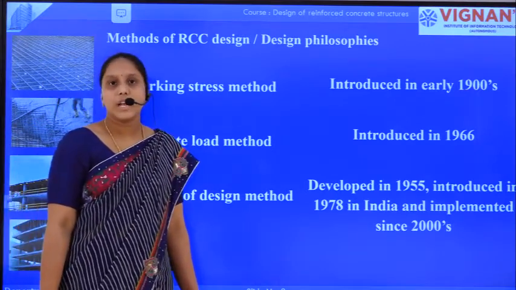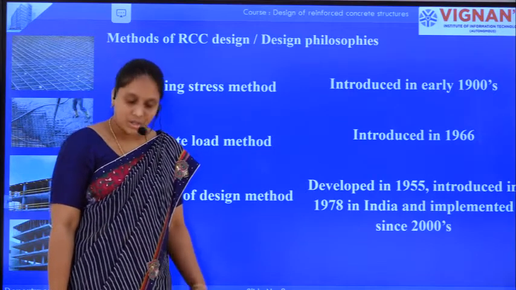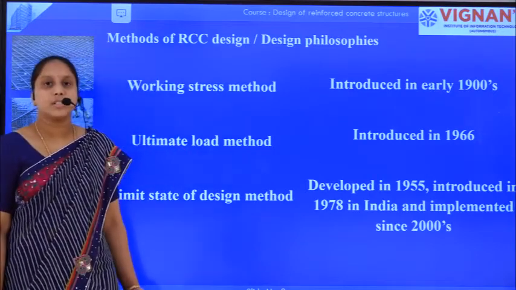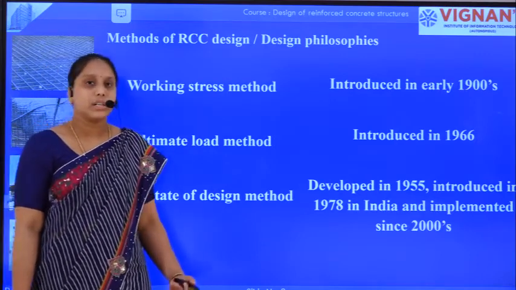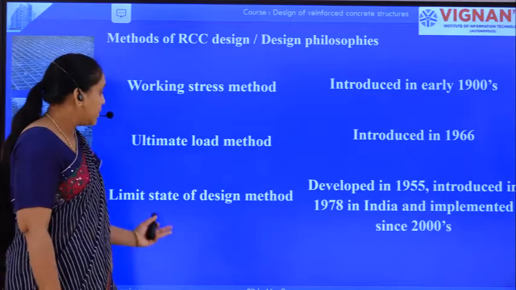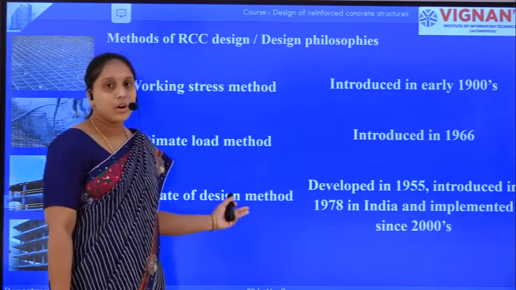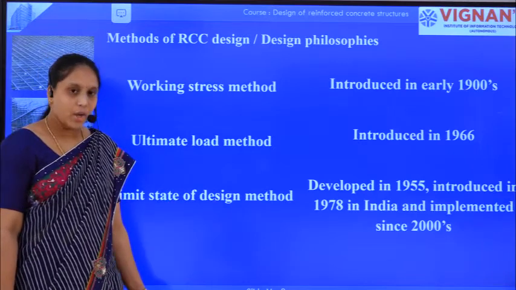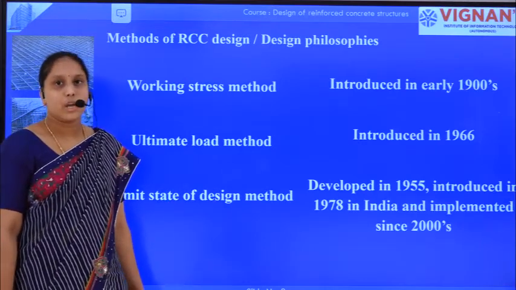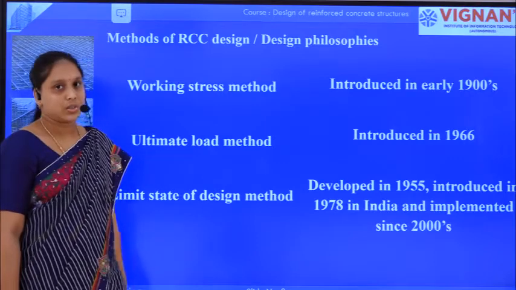So what method do we have to follow now for the design of RCC structures? The limit state method is what we are following nowadays for the design of reinforced concrete structures.